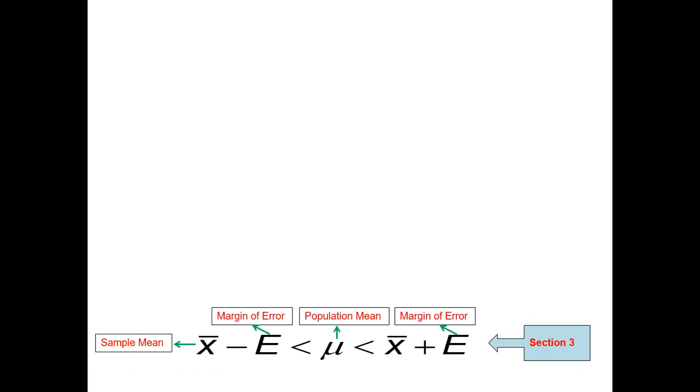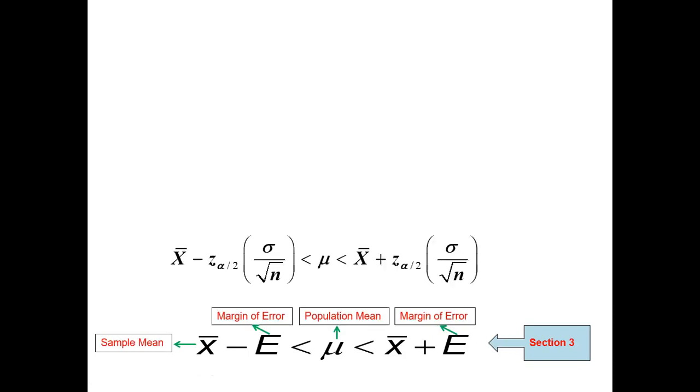The margin of error, if expanded, will look something like this. Of course, the population mean is still the population mean, but here is what the margin of error represents. Okay, so it's Z alpha over 2 times population standard deviation divided by square root of n.